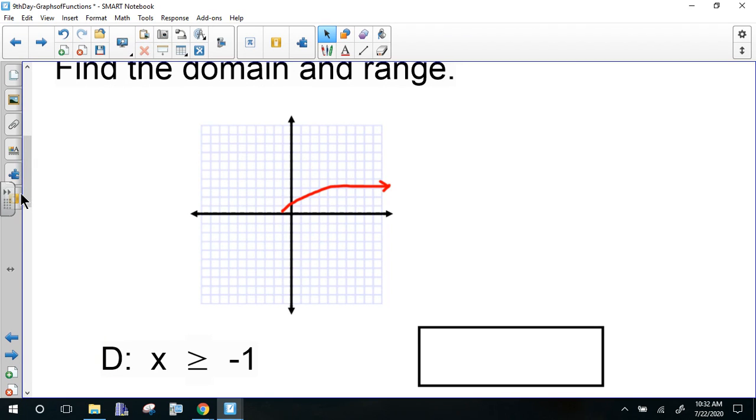So if we look at this one, how far left does it go? Well, it goes to -1. Well, how far right does it go? Well, it goes out here to infinity. So from -1 to infinity. Okay. Well, how do we write that?